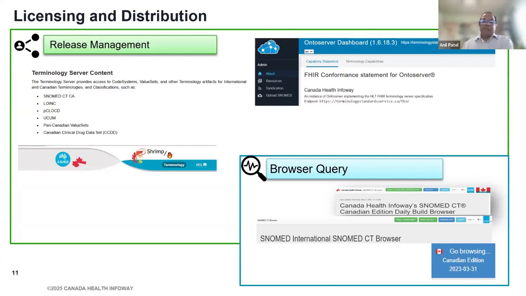You can query the information through the SNOMED CT browser, and if you pick the Canadian edition of it, you can then be browsing just the Canadian specific terms, and they are combined with the international.